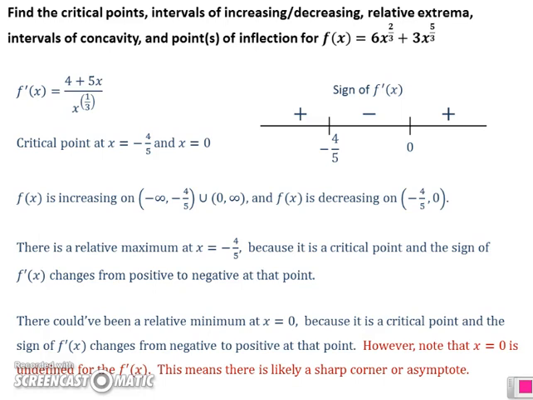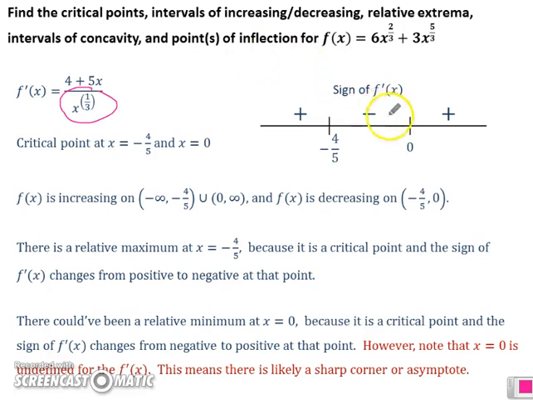So it has all the characteristics of an extrema, but you have to remember what we did at the beginning. We set the denominator equal to 0. The derivative does not exist there. There's something wrong at x equals 0, which means that the slope of the tangent line at x equals 0 is funky. So it's probably an asymptote or a sharp corner.